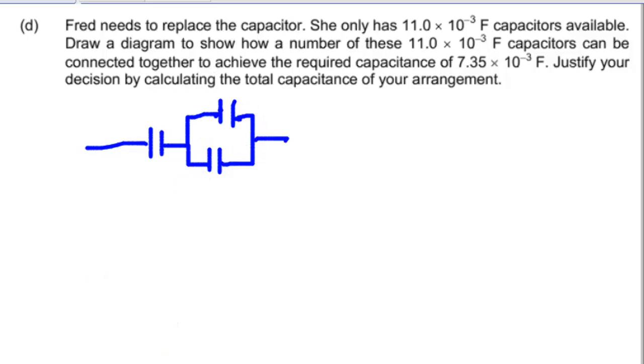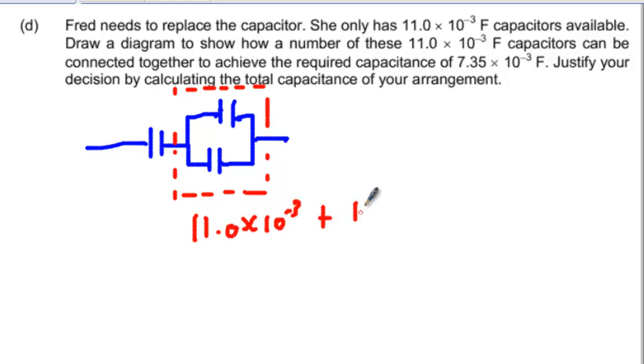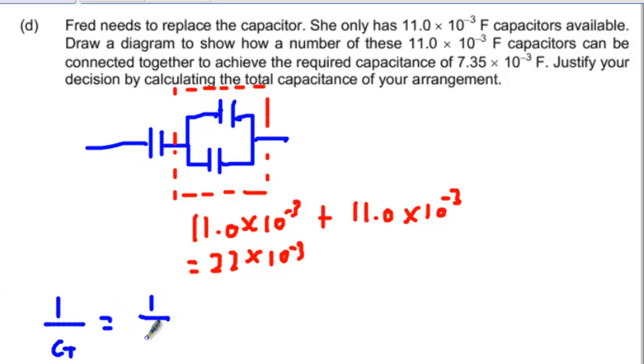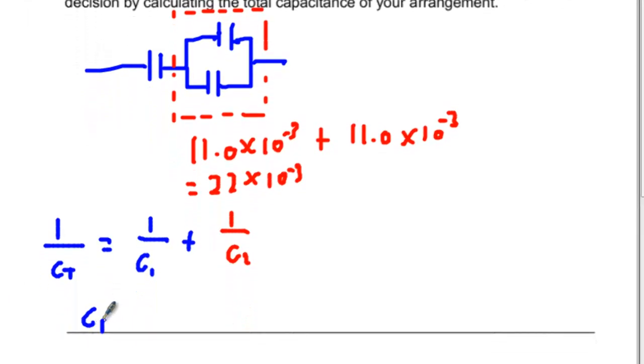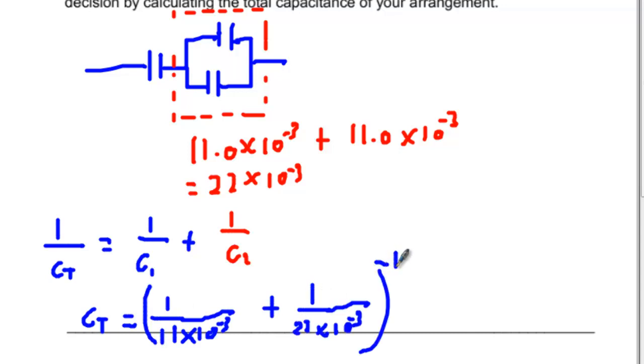When they're in parallel, we simply add the capacitances. So this is just 11.0 times 10 to the minus 3 plus 11.0 times 10 to the minus 3, an answer of 22 times 10 to the minus 3. 1 over the capacitance total is 1 over C1 plus 1 over the equivalent C2, or we could write capacitance total equals 1 over 11, 1 over 22, put that to the power of minus 1.